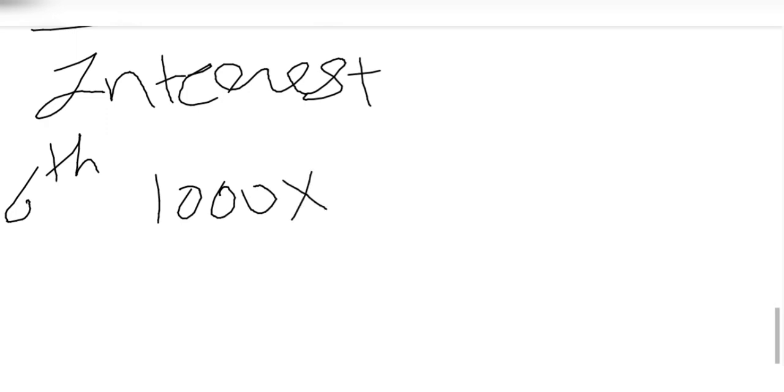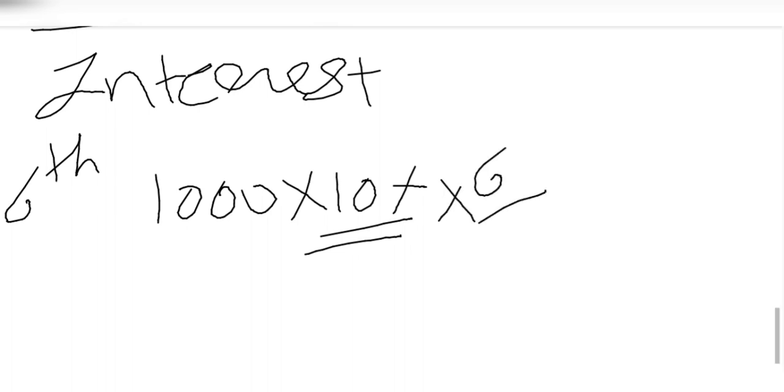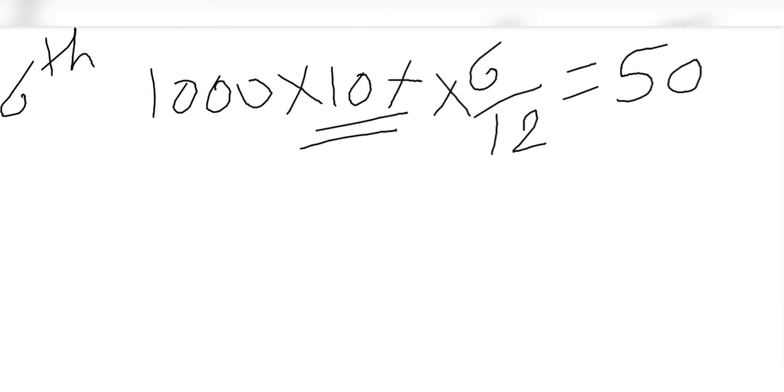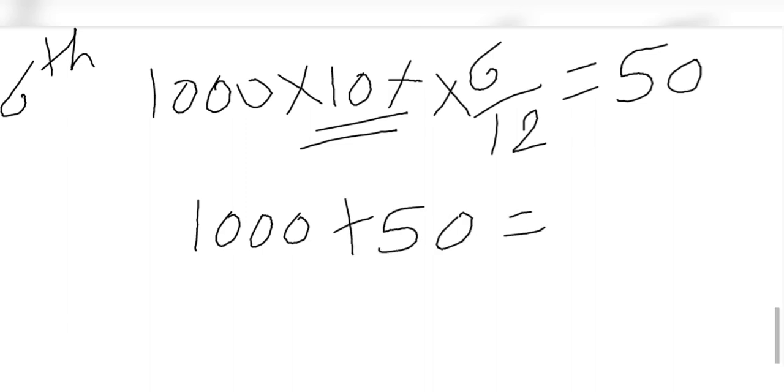So we calculate the interest. For the first 6 months, 1000 deposit into 10%, but this 10% is for annual. We calculate for 6 months, so divided by 12 and multiplied by 6, which means 50. So the opening balance of the 7th month is 1000 plus 50, equal to 1050.